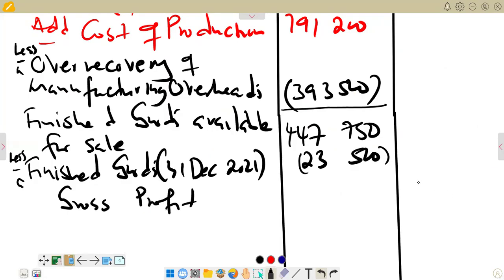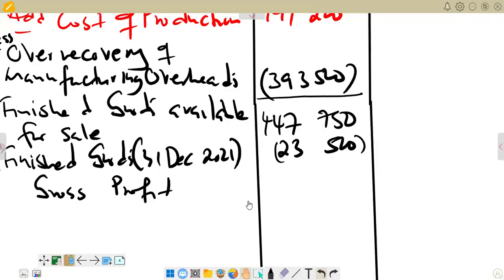Let's try to calculate there so that we see what we get in terms of our gross profit. So our gross profit now becomes 424,750. And then obviously we now go to less expenses.